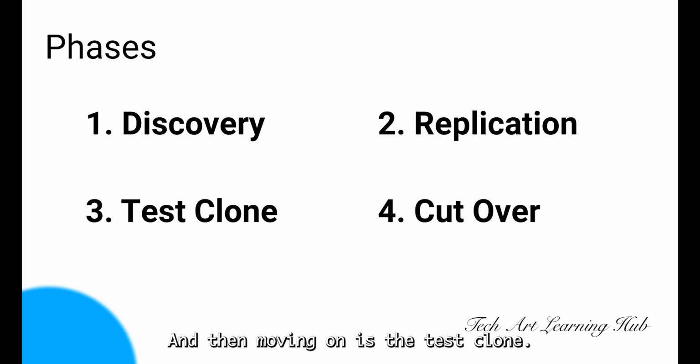And then moving on is the test clone. Test clone means we'll clone a VM instance for testing, where we'll validate the application and all the configuration of the VM instance that has been created in GCP.